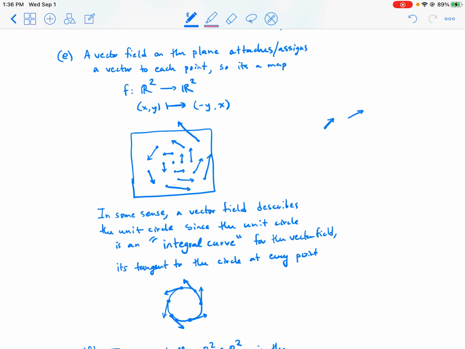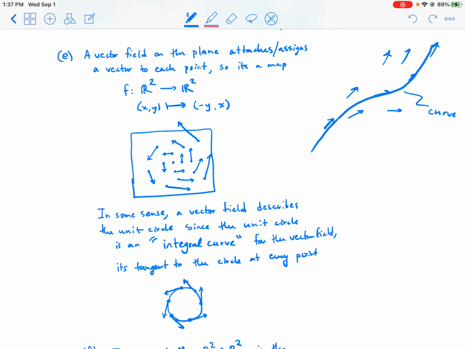And so if I had a different vector field, something that looks like this, then to be tangent, this curve has to follow the vector field at every point. You can't go like this, okay? You can't have a curve that does that because right here, it's not tangent to the vector field.